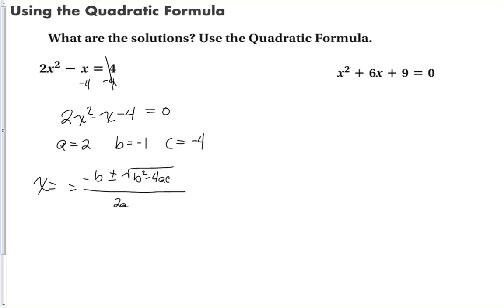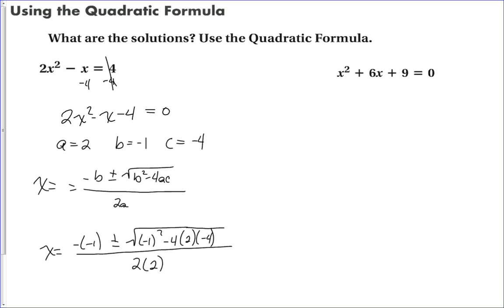We know our numbers, so let's plug them all in. x equals negative 1, plus or minus the square root of negative 1 squared minus 4 times a times c. All of this stays under the square root. And then all of that's divided by 2 times a, which is also 2.